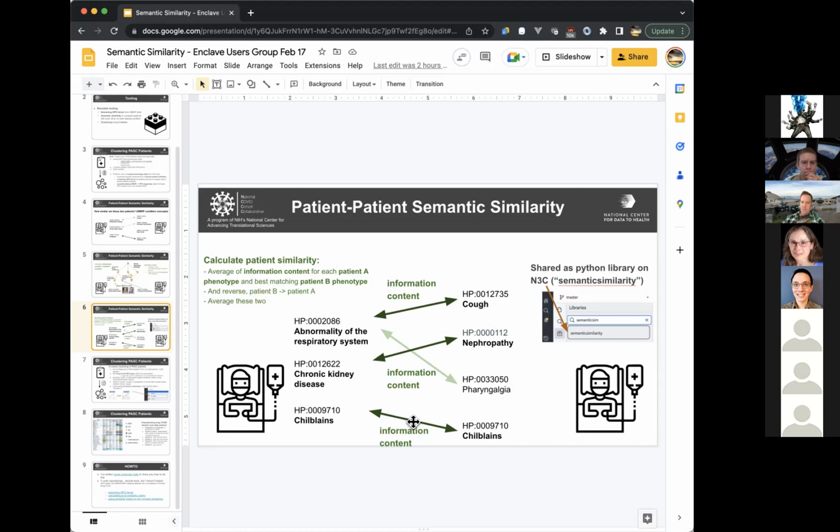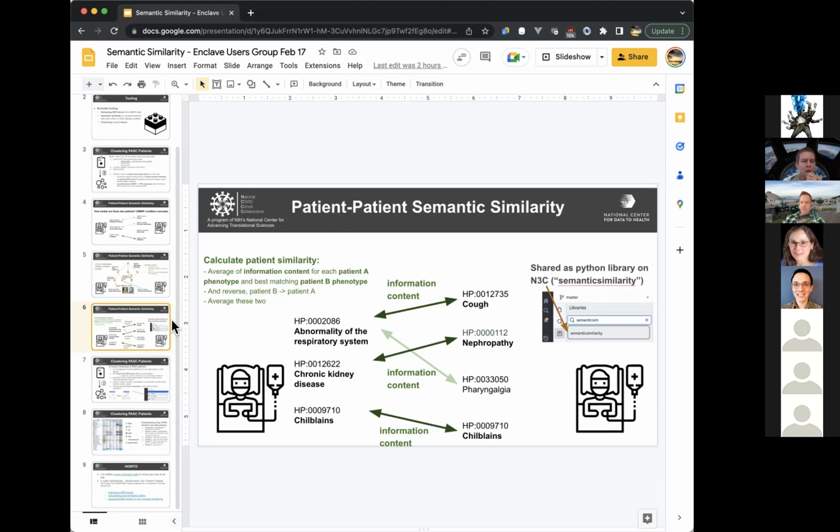So you have a measure of patient A to patient B, a measure of patient B to patient A, and then you just average those two. We'll sometimes call that the phenomizer score, but that is the measure of semantic similarity of all the signs and symptoms that we know about from patient A to patient B.